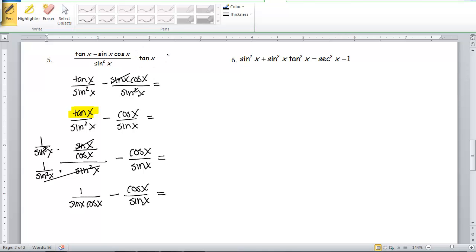And so now that we've done a little bit of manipulating, let's try to get a different common denominator of sine times cosine. That means I need to multiply the second fraction times a cosine. Now I have 1 over sine x cosine x minus cosine squared over sine x cosine x.